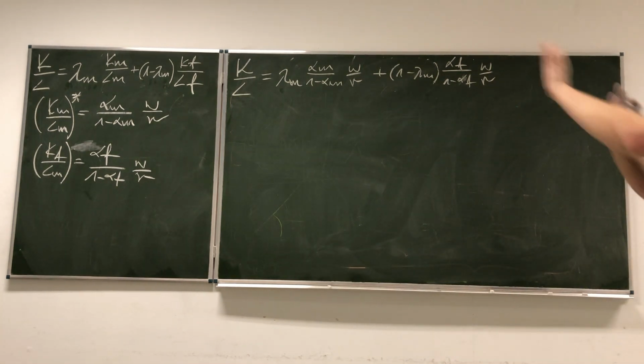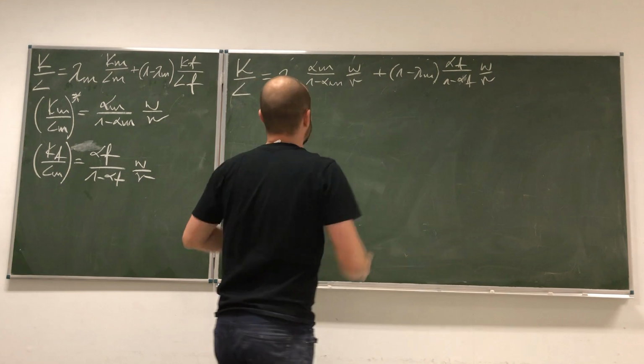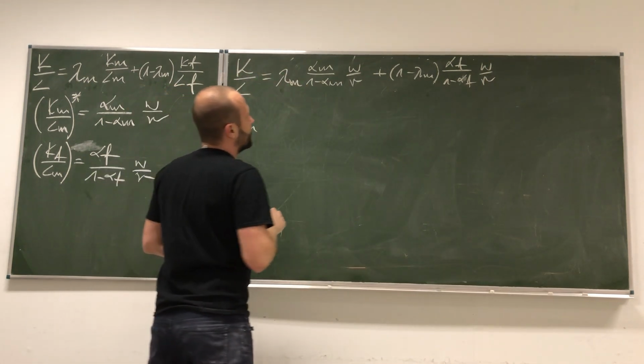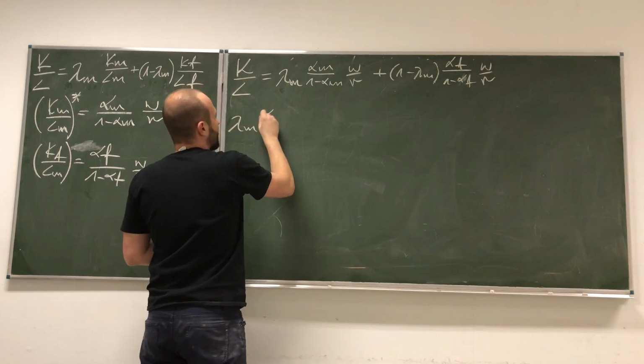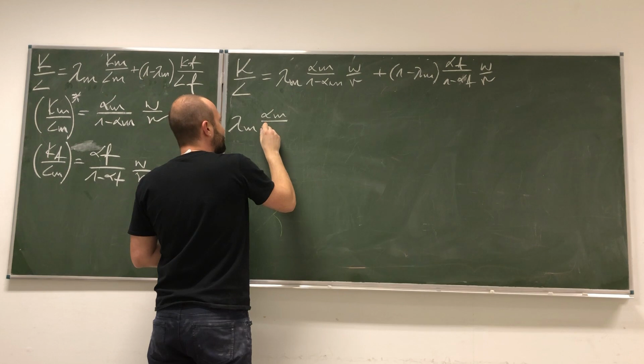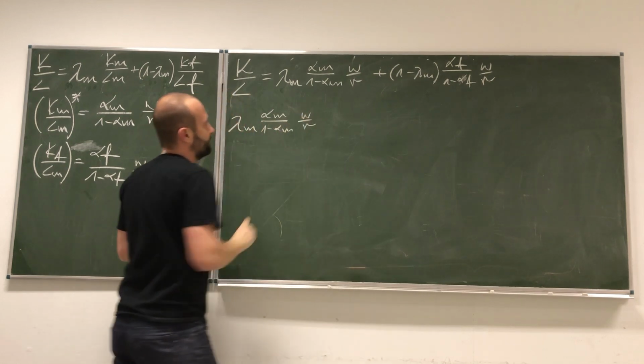I'm going to put it on the left hand side because this is how I like it. And everything else on the right hand side. So I've got here alpha m times lambda m over 1 minus alpha m times w over r.